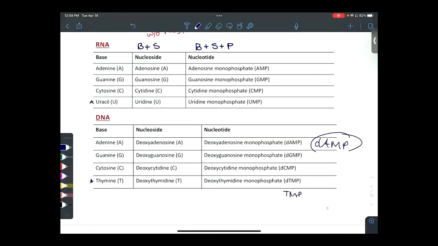TMP would not exist in our bodies without the D because thymine would not have a ribose sugar attached to it because that's with RNA, and vice versa, you would not find dUMP in RNA because deoxy is associated with DNA, all right? So those are those big ideas. And the names tell you exactly what's in it. Monophosphate tells you there's a phosphate attached to it, so that has to be a nucleotide. All right, so those are all of our reading and naming of nucleotides.